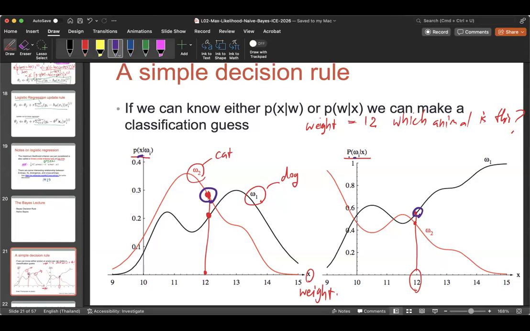So what should we compare between? Usually when we want to compare, we compare the probability of dog given X equals 12 versus the probability of cat given X equals 12. This is this plot here.